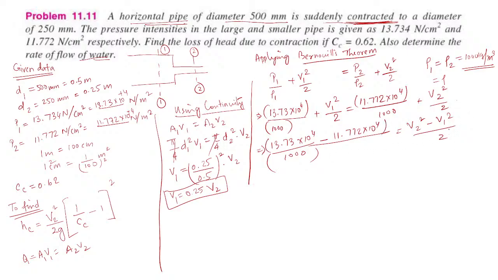Now here you see, again we have the same issue. We are not getting anything in common. So what I am going to do, in place of V1, I am going to substitute the value V1 equals 0.25 V2. Now what will I get if I substitute over here: in place of V1, that's V2 square minus the square of it.